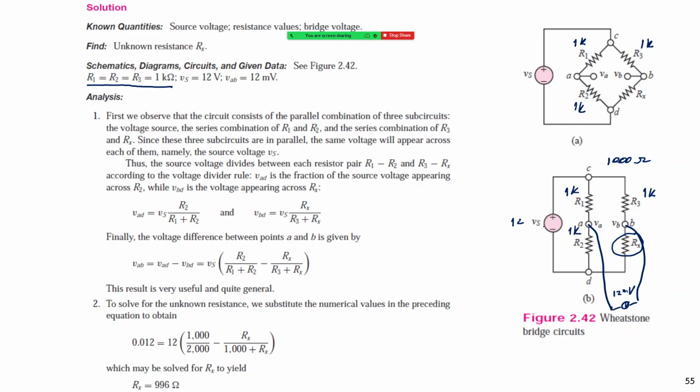From the voltage divider, we know that VAD, the voltage across R2, is Vs times R2 divided by R2 plus R1, right?